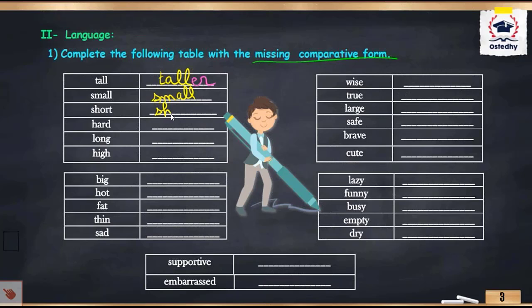Shorter. Okay. Then hard. Harder. Okay, long. Longer. High. Higher. Okay. So in all those situations, I just added an ER, because I'm having a short adjective and I don't really have any problem with that.